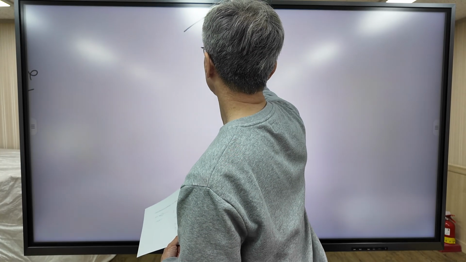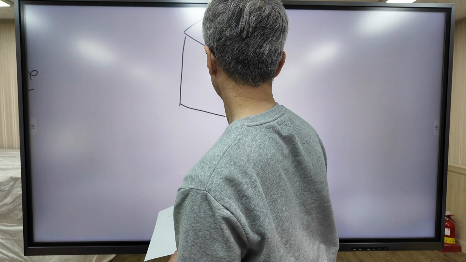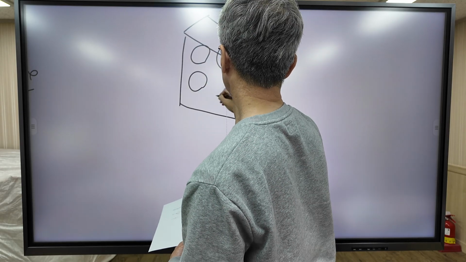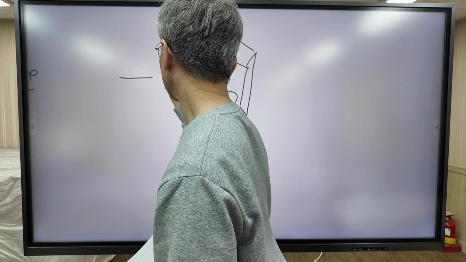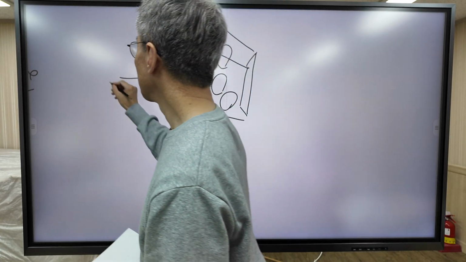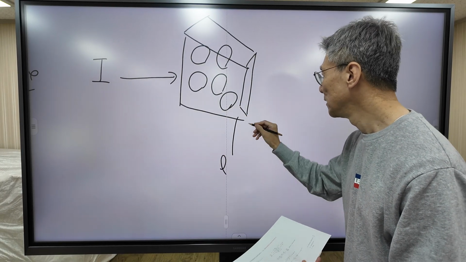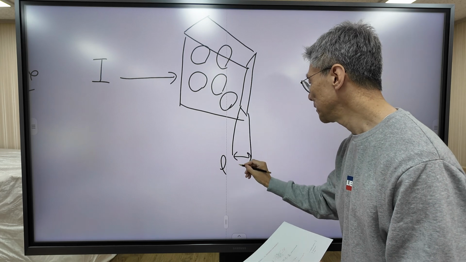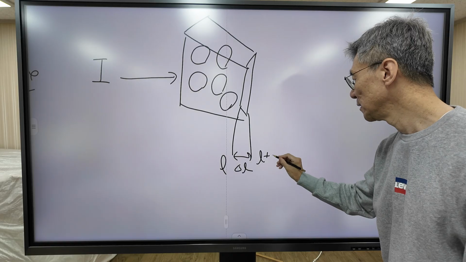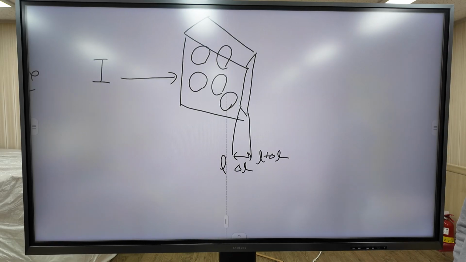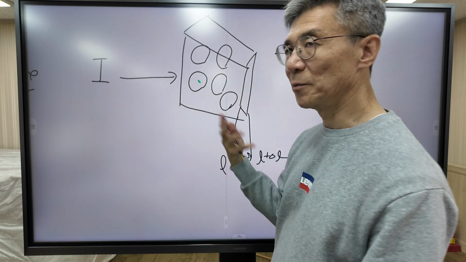Consider a small slab. This is a molecule. The molecule has finite size and the photon is directed from the left. The intensity of light is I. Here, on the left side, the position is L. The thickness is delta L. On the right side, the position is L plus delta L. So when a photon collides with the molecule, the photon is absorbed and disappears.